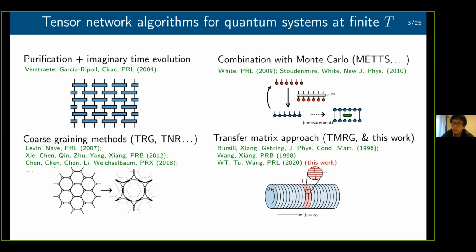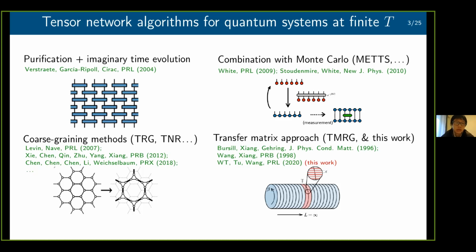So for this reason, people have been thinking about using tensor network algorithms to study finite temperature systems. And the reason for that is the tensor network algorithm has no sign problem. And to do that, people have been working on very different routes. Here, I give a very incomplete summary of all these different methods.